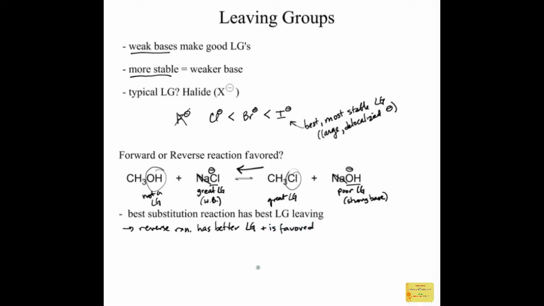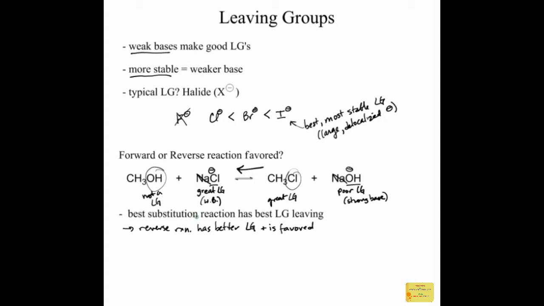Okay, and is that something that would make sense? Would we rather have this combination of products? Yeah, if this is more stable, this is a weaker base, we're always going to be favoring more stable products, more of a favorable reaction. So that's what we're going to be looking for.